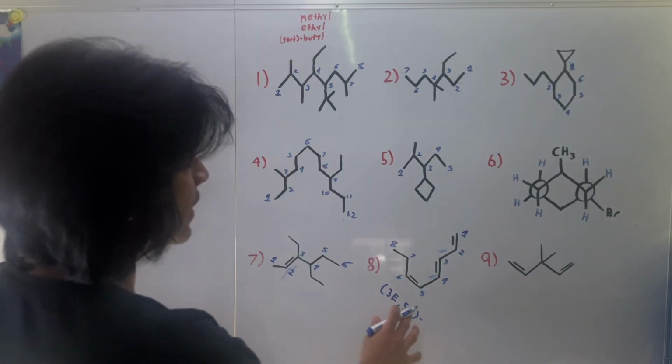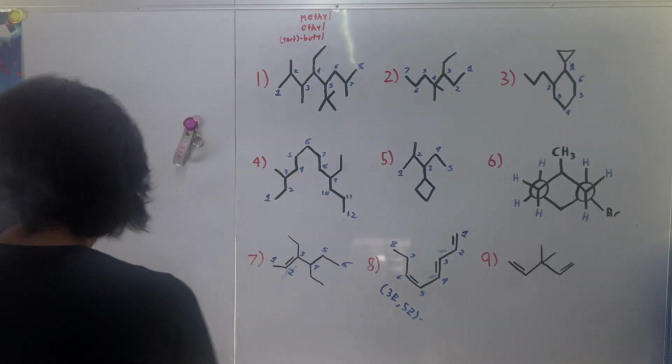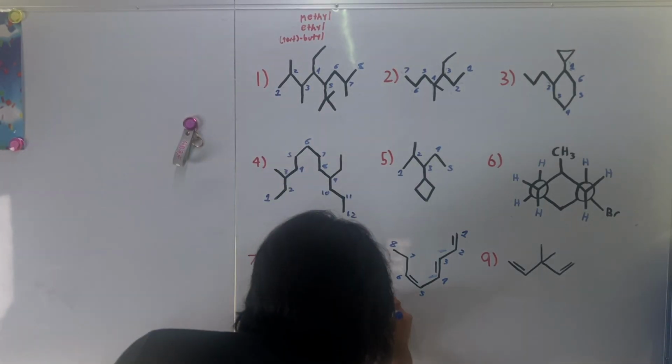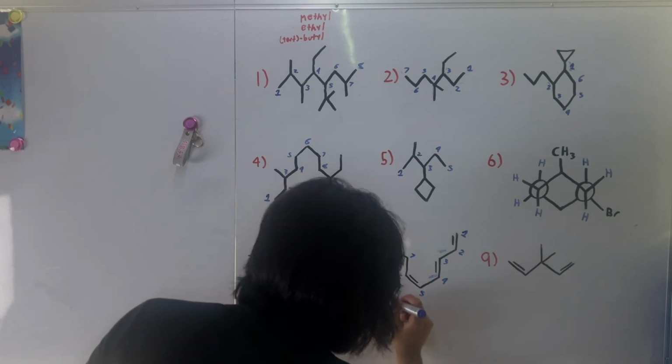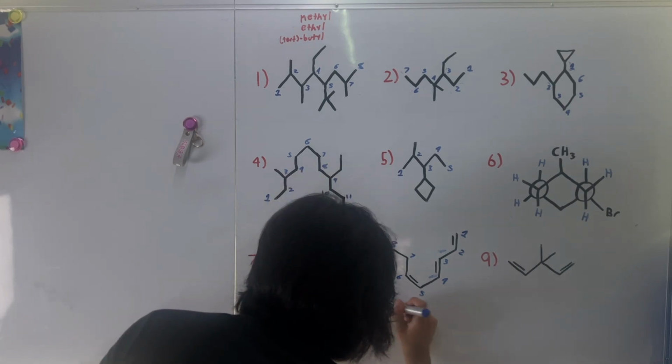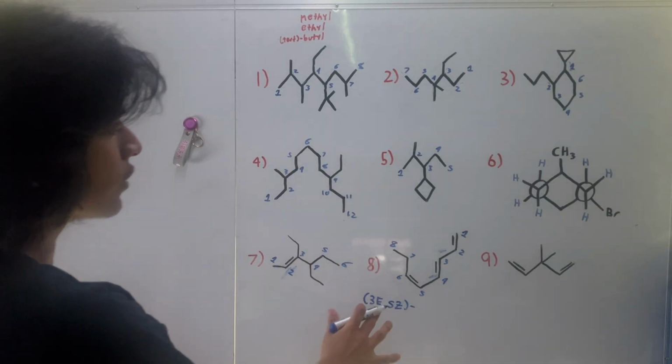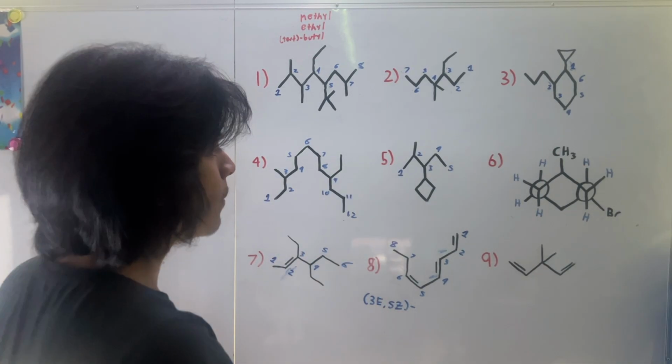So we're going to include that at the start. So 3E, then we have 5Z. Okay, so we're going to include that at the start of our compound naming.